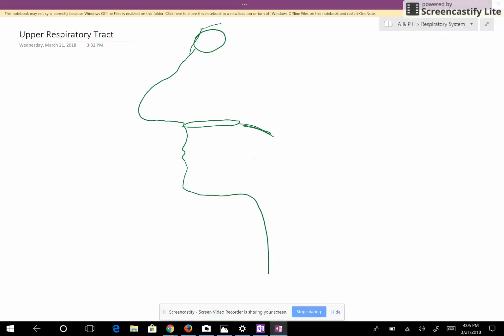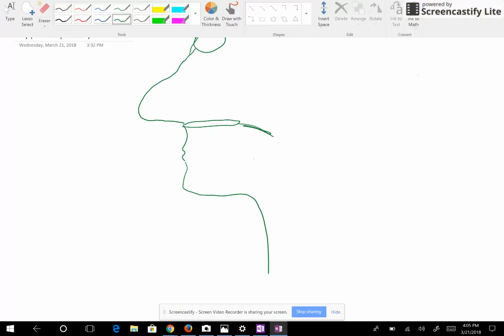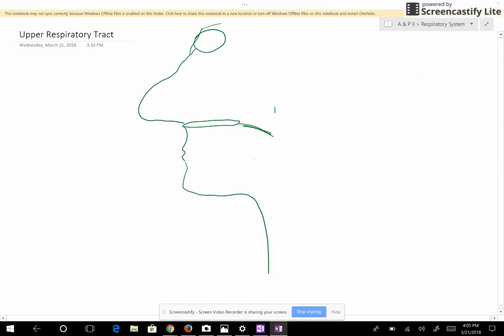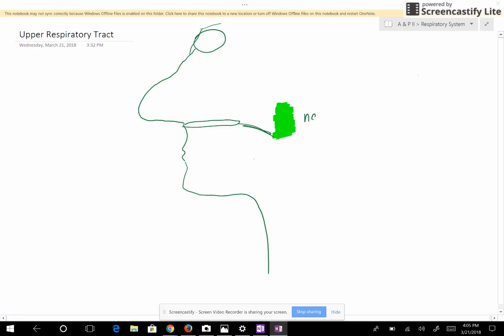The portion at the back of the throat that comes in contact with the nasal cavity is the nasopharynx. So we'll put that in green here. This is the nasopharynx. The structure that's familiar with the nasopharynx is the opening to the pharyngeotympanic tube.